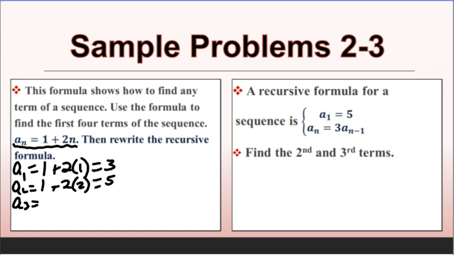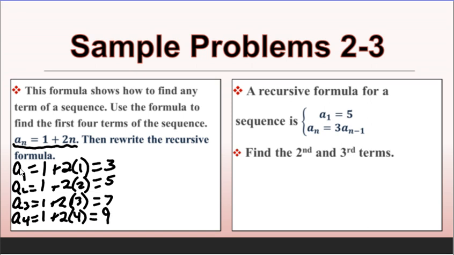Third term, put a 3 in for n. 2 times 3 is 6, plus 1 is 7. And to find the fourth term, put a 4 in for n. 2 times 4 is 8. 8 plus 1 is 9.